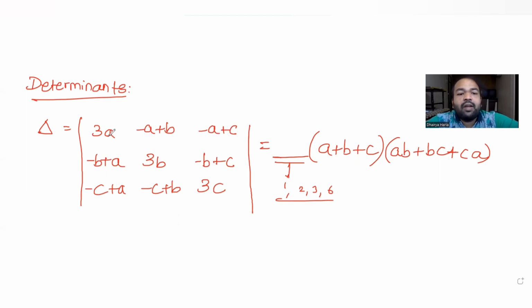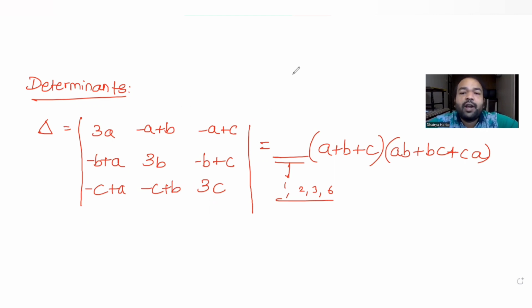If I add all three elements, C1 plus C2 plus C3, that gives me 3a minus 2a, that is a plus b plus c. Similarly here, I get minus b plus 3b and minus b, so that also becomes b plus a plus c. Here also, minus c minus 2c plus 3c gives c plus a plus b. Again, it's the same thing.